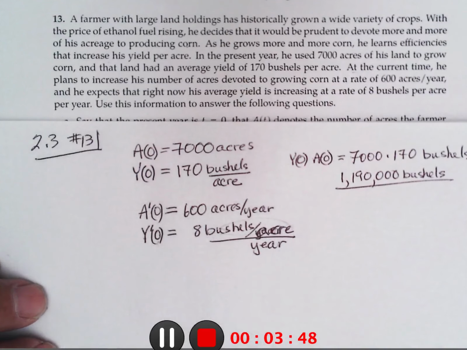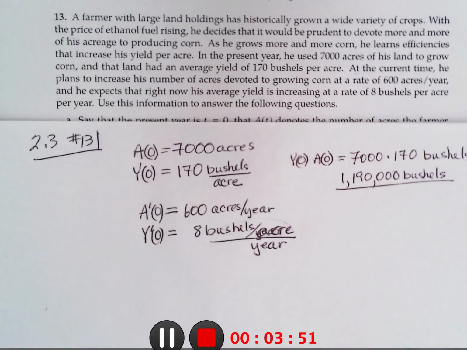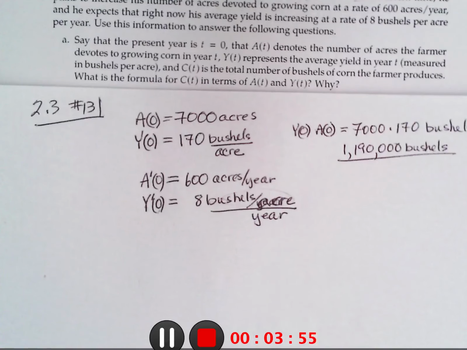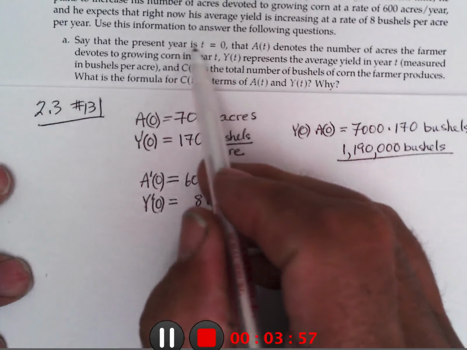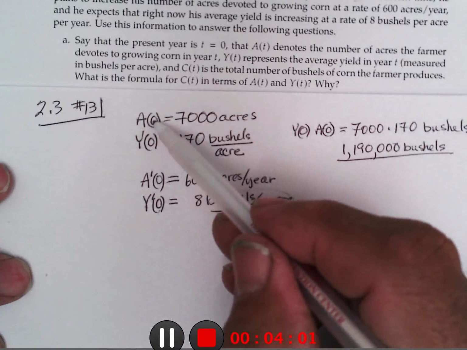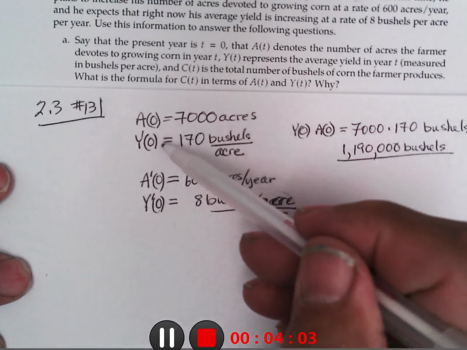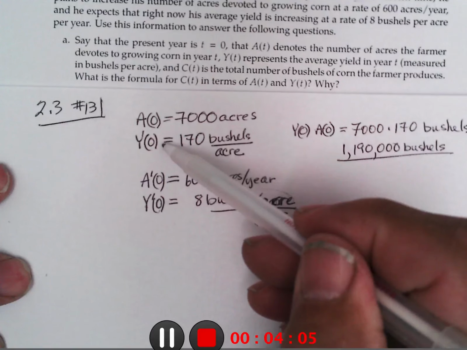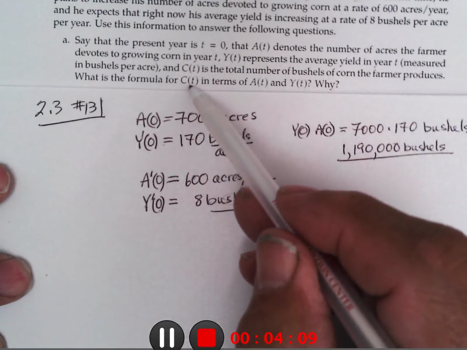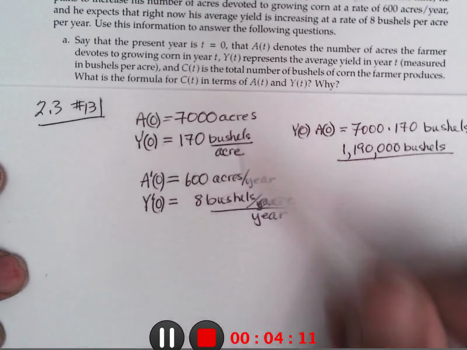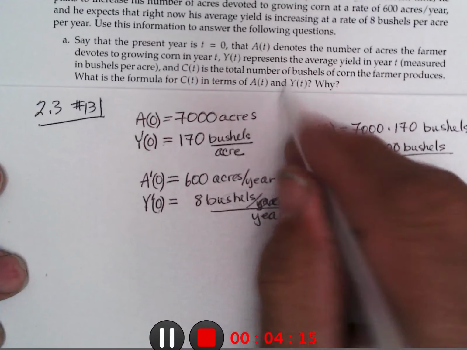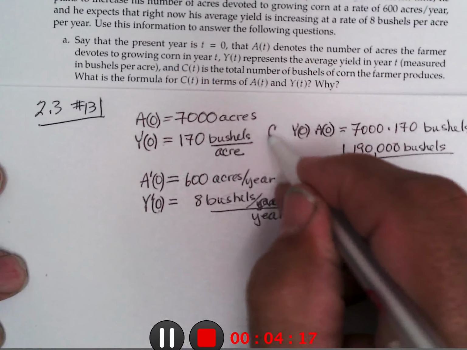Okay, now we have to use this to answer some questions. At time t, A of t denotes the number of acres. That's what we did. And Y represents the average yield per acre. And C of t is the total number of bushels. So what is the formula for C of t in terms of A of t and Y of t? And that's simply, like we did, multiply.